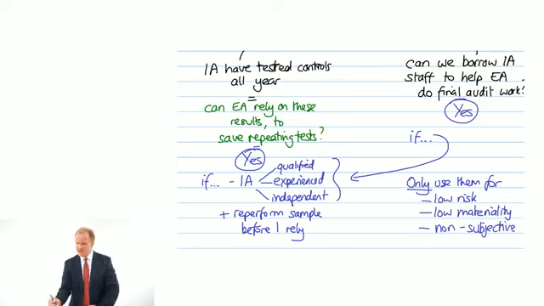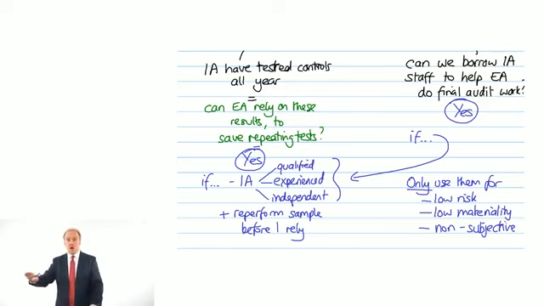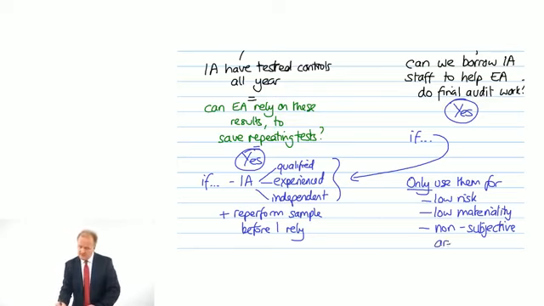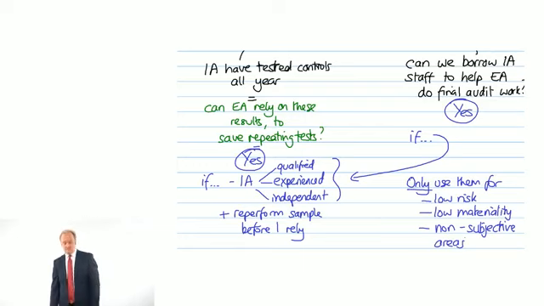So anything that's a matter of judgment, opinion, no. But where you've got some relatively basic audit work to do, stuff that takes time, but which frankly anyone who's reasonably sensible and competent could quite easily do, why not use them? I mean, they're auditors, they understand the process, why not?